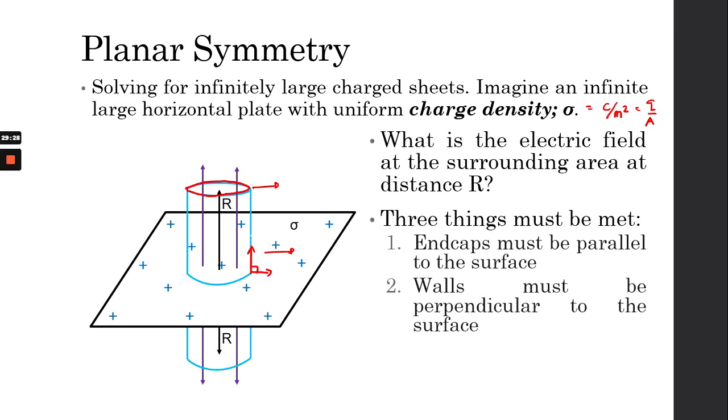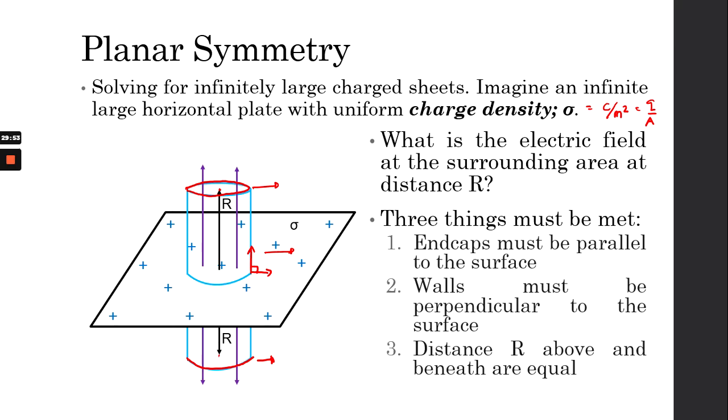The end caps, this one and this one, are all parallel to the surface, at 0 degrees or 180 degrees. And the distance above, which terminates at the end cap, and the distance below must be equal.